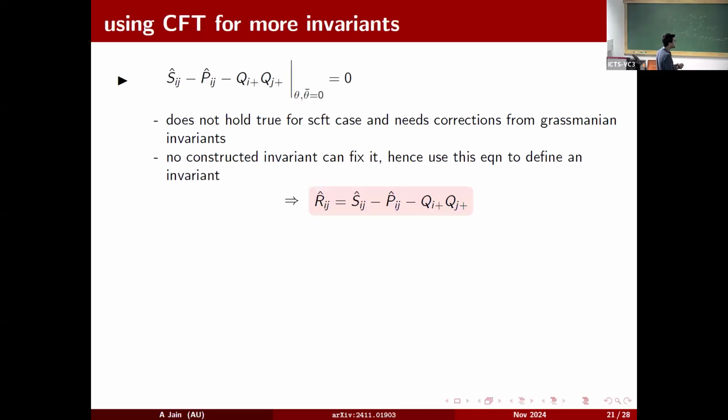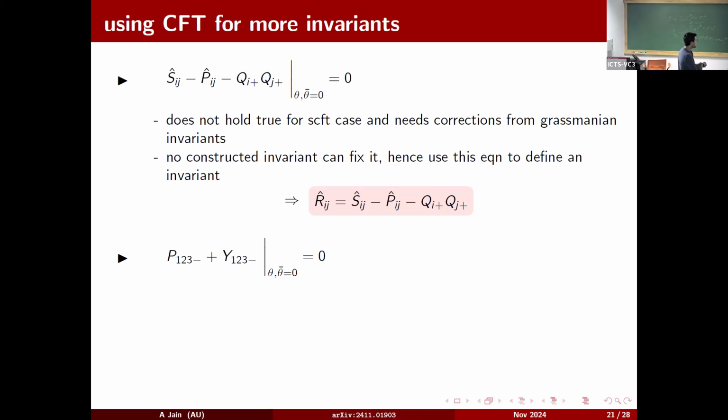So these are now Grassmannian invariants. These are of course Grassmannian even invariants, but these would vanish in the conformal case. And so this is one invariant that we could not make through our construction strategy. Similarly, this is why we did not consider the Y123 in the conformal case, because it's the same structure as P123 up to a sign, of course.